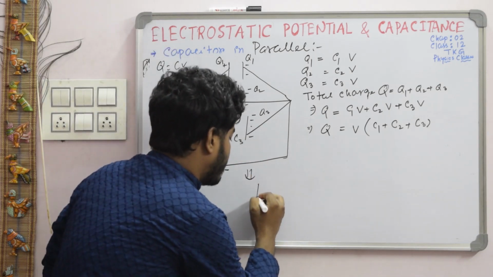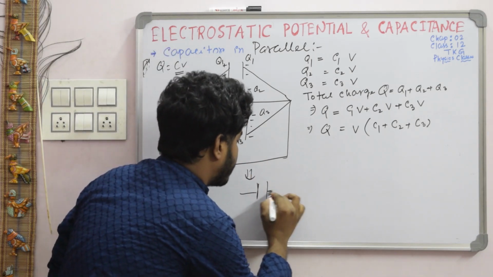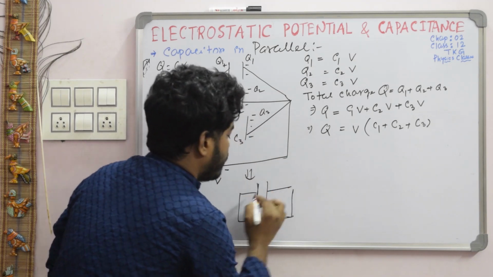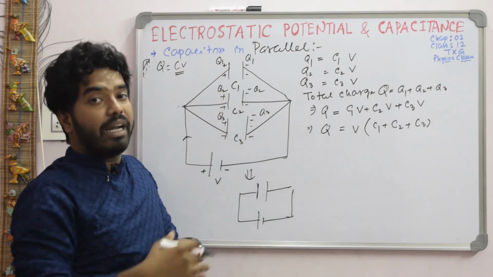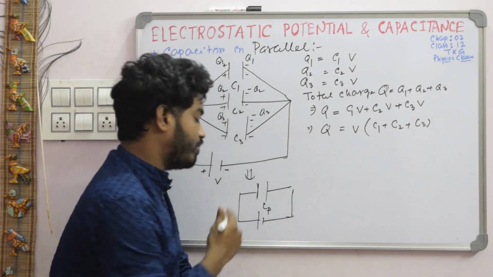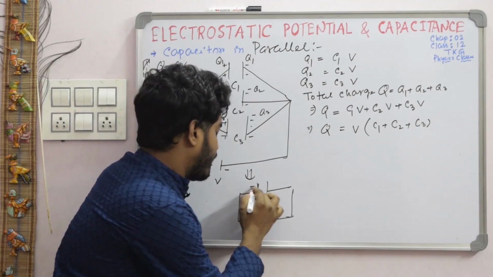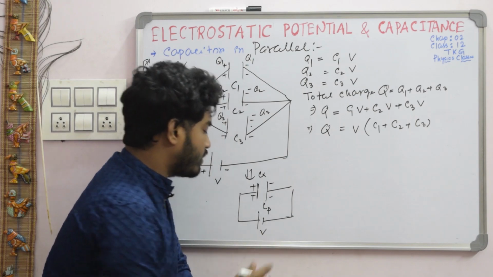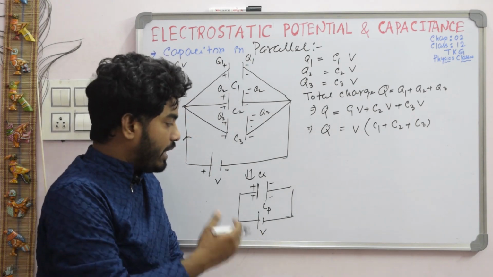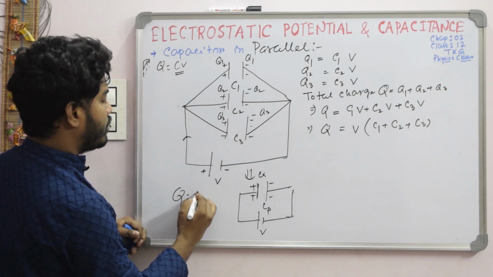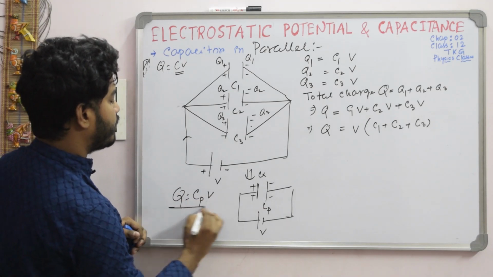Suppose this is the equivalent capacitance for the three capacitors, and the potential supplied is V. Since the capacitors are connected in parallel, the equivalent capacitance is Cp, P for parallel, with positive plate, negative plate, charge Q, and potential V. In this circuit we write the equation Q is equal to Cp into V.